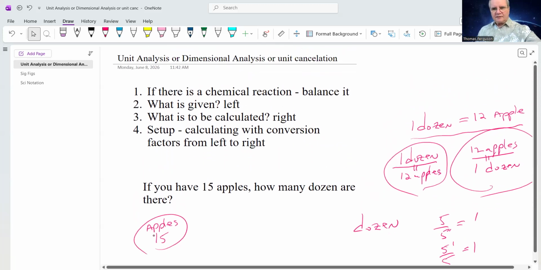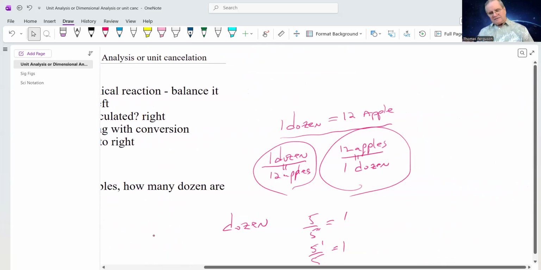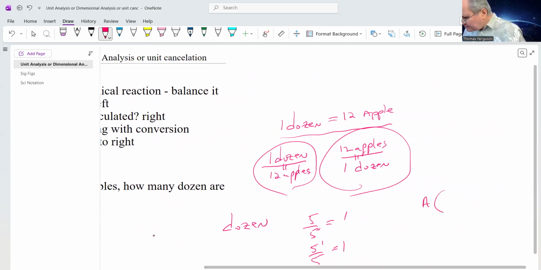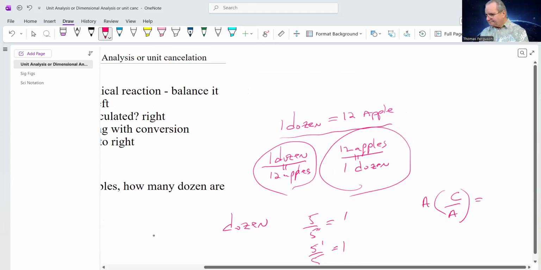Now, as an aside, this goes back to elementary algebra. If I multiply A times C over A, what is my answer? What do you get?